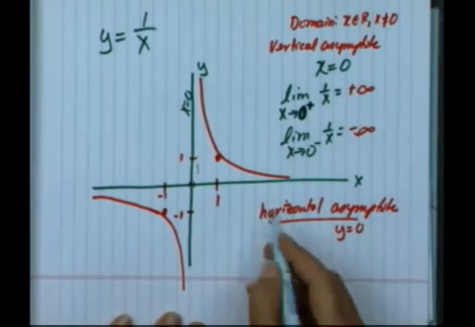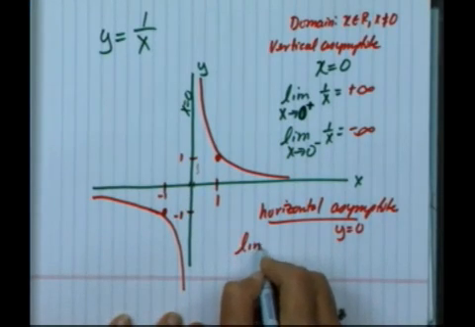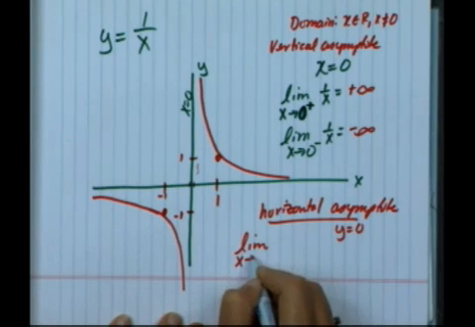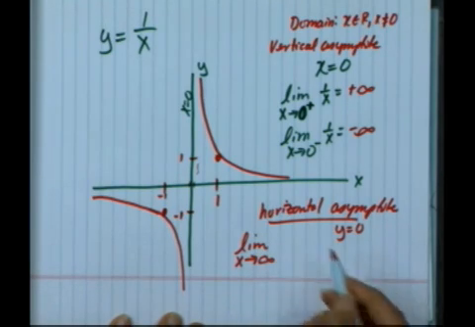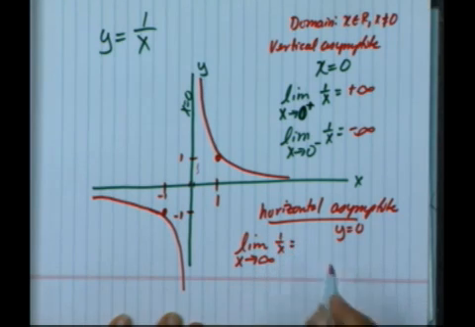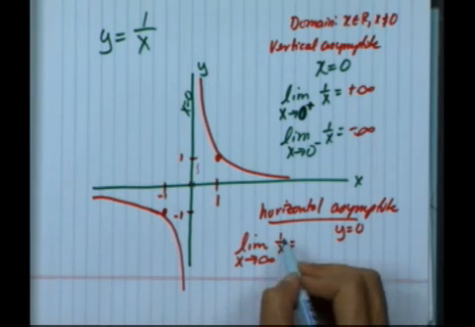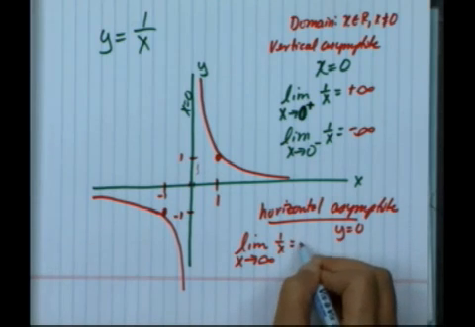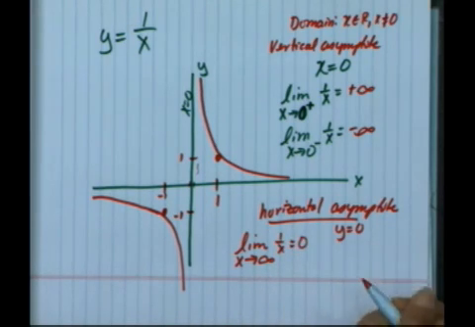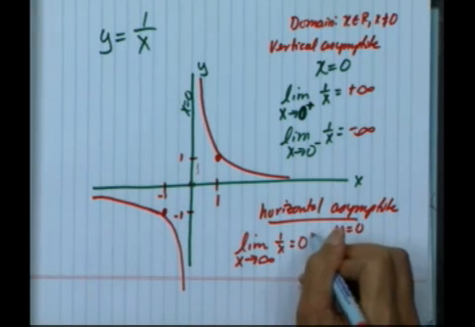Okay, this is the way it goes. The limit as x gets really big. What symbol do we use for really big? Infinity. The limit as x approaches infinity of 1 over x. This says as x gets really, really big, what does the y value 1 over x get close to? And that is 0. Y gets close to 0.